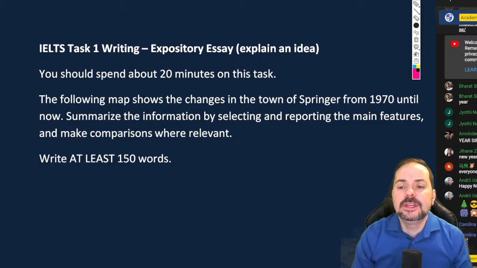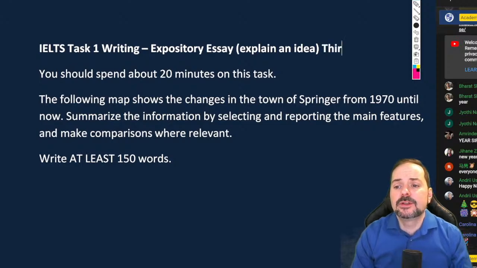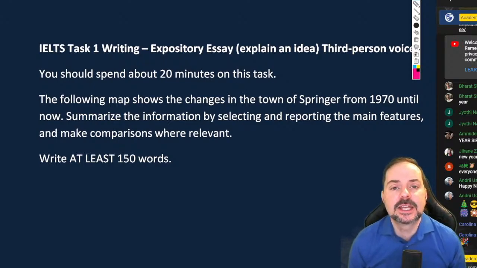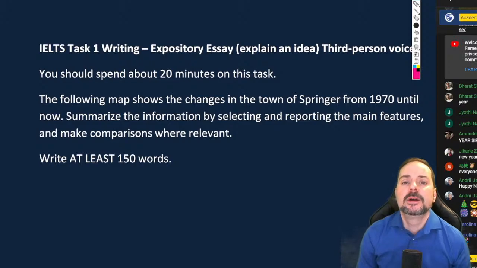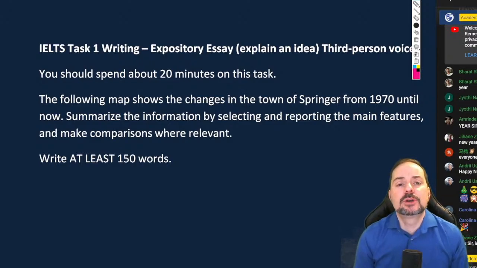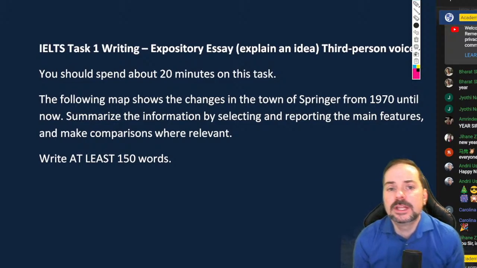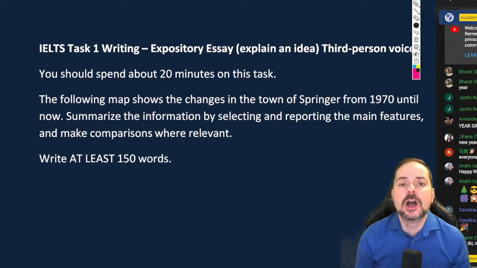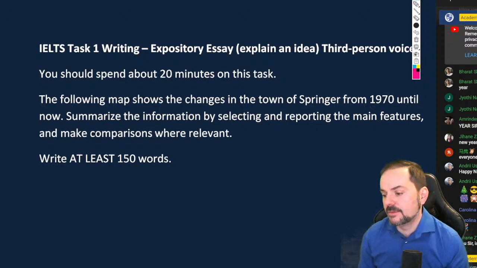Okay, and the expository essay is written in third-person voice. That means no I, no me, no mine, no you, no we, no us. Okay, those are all different. Those are first and second person voice pronouns. So don't use those, okay? So third person essays, they use people, individuals, customers. So they use the objective nouns of the author.